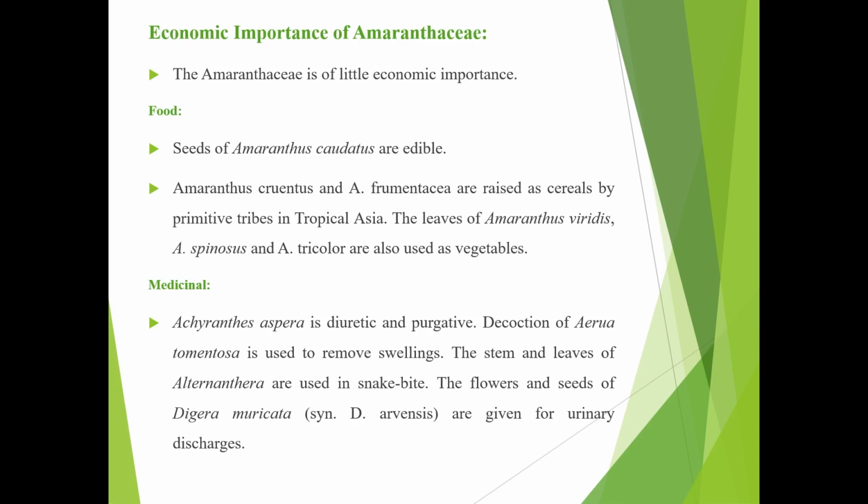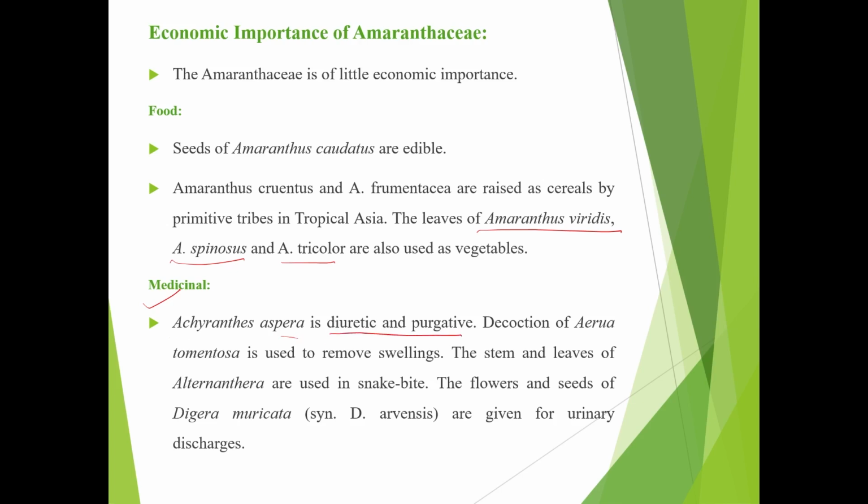Then the main species like Amaranthus viridis, Amaranthus spinosus and Amaranthus tricolor are used as a vegetable. We consume them as leaf vegetables like chaulai and palak. Many plants of this group are medicinal, like one of the most important ones, Achyranthes aspera, which is diuretic and purgative in nature.